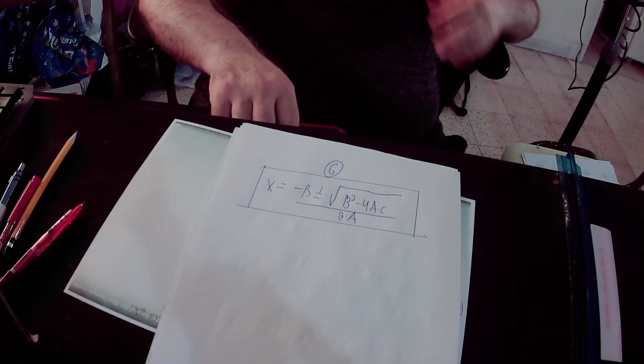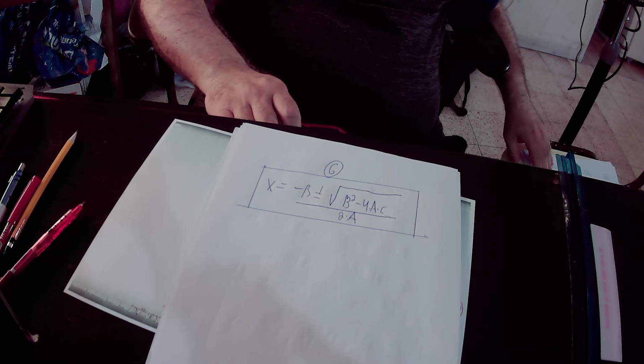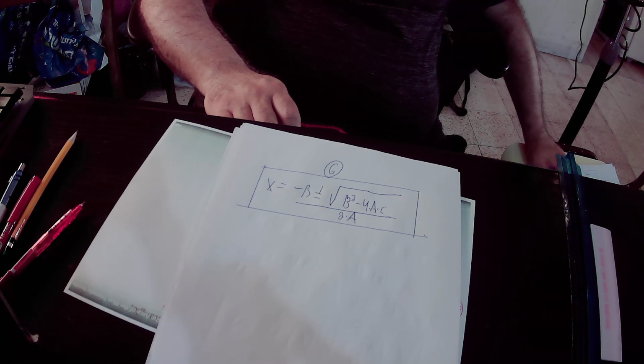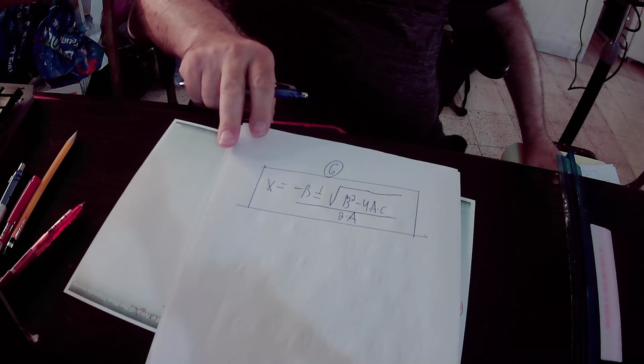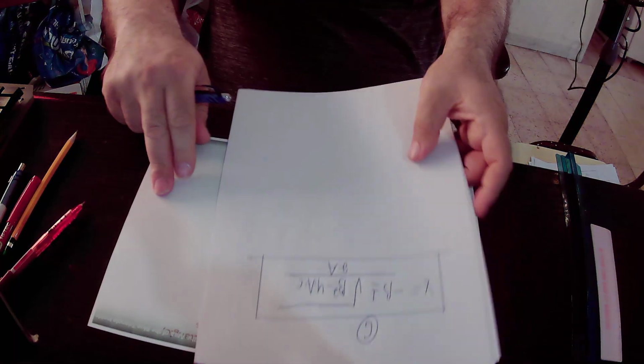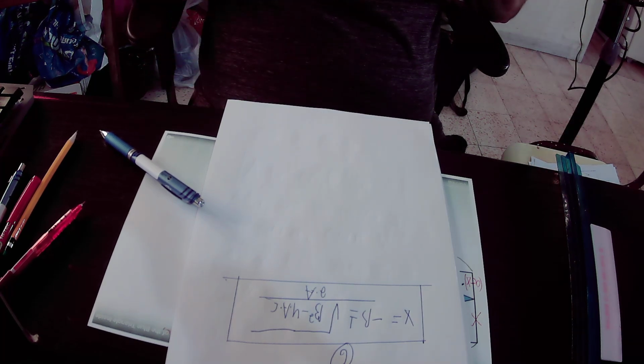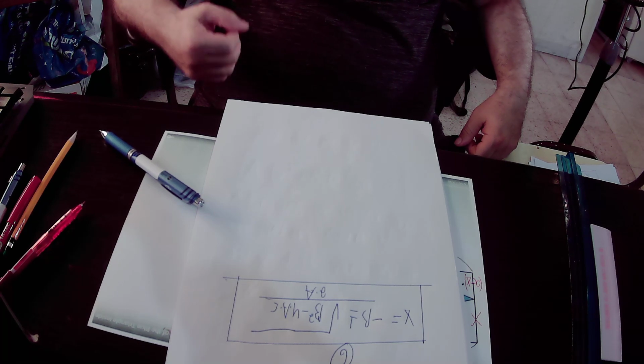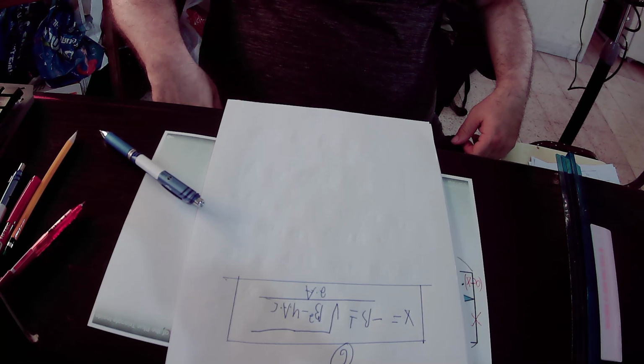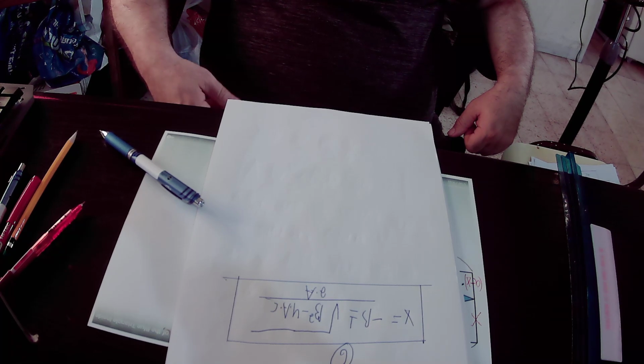Okay, so now we will write down again the general formula for a quadratic equation, and below it we will write our specific quadratic equation, and we will find the values of a, b, and c that are the coefficients of a quadratic equation.